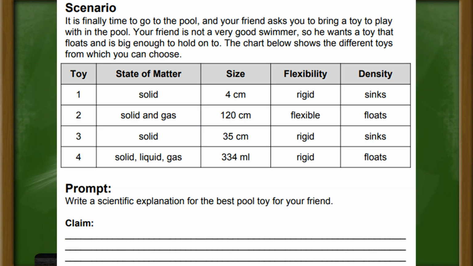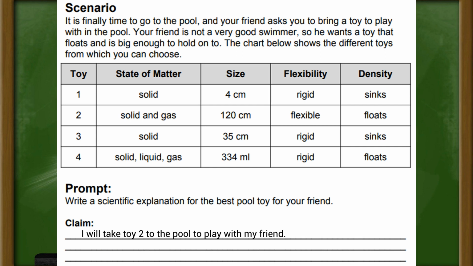Let's look at the chart to figure out what toy we are going to choose. I think our claim should be that we are going to choose toy 2 based off of the specific properties of matter that we see in the chart below our scenario. Let's write that in our claim, and then you will have time to work through to back that up with evidence and reasoning specific to the information in the chart and given to us in the scenario.